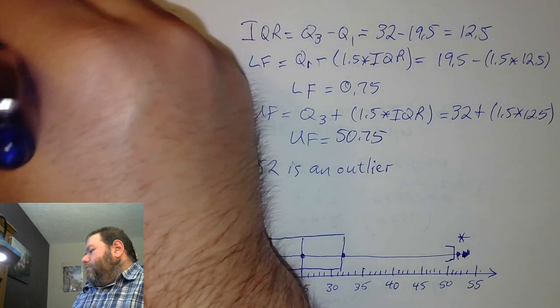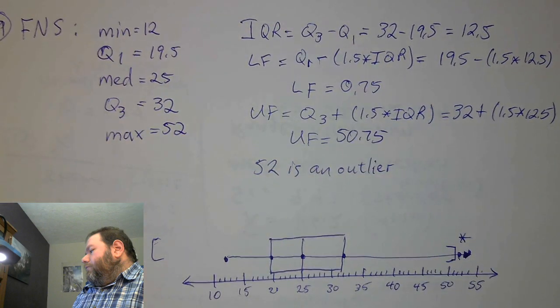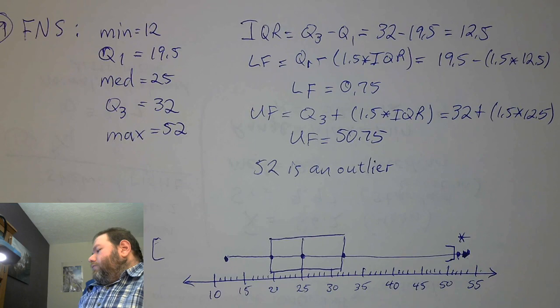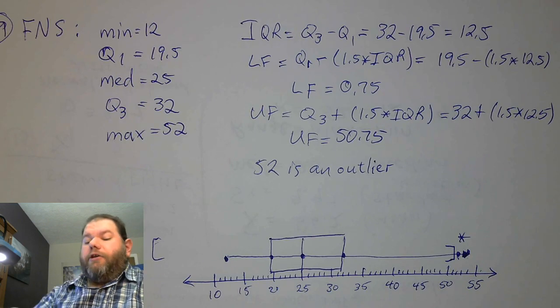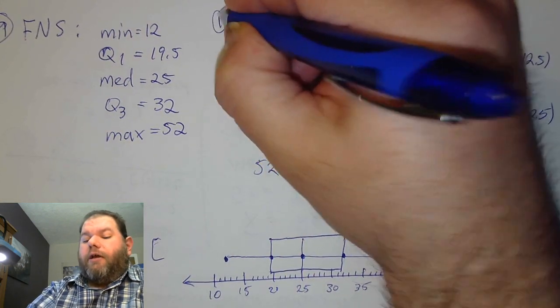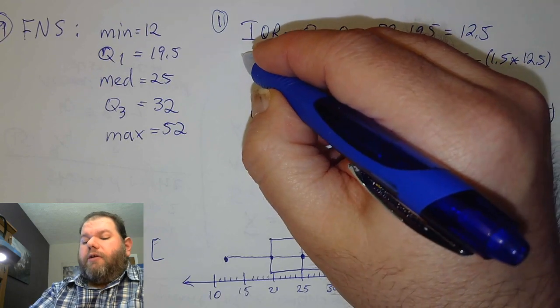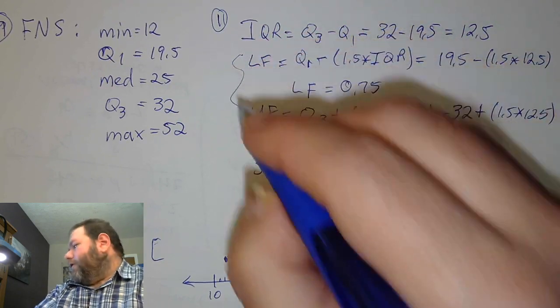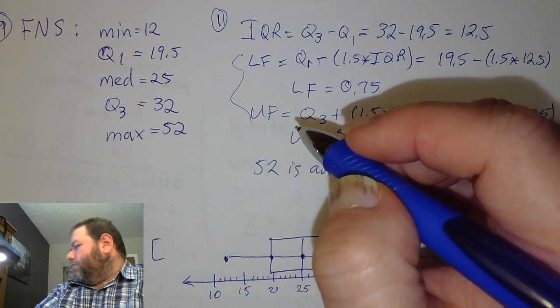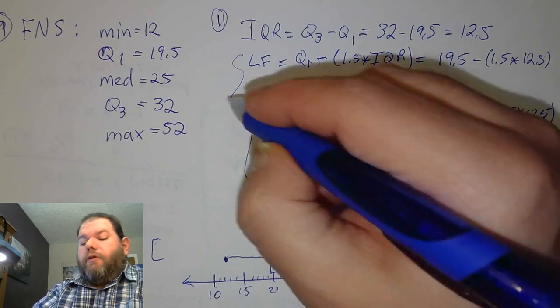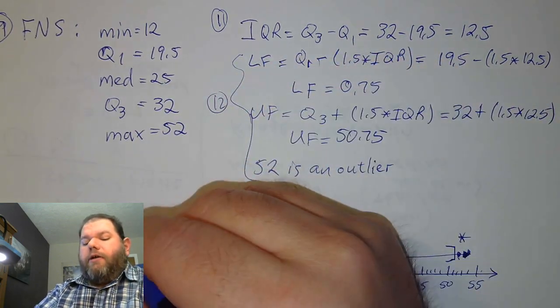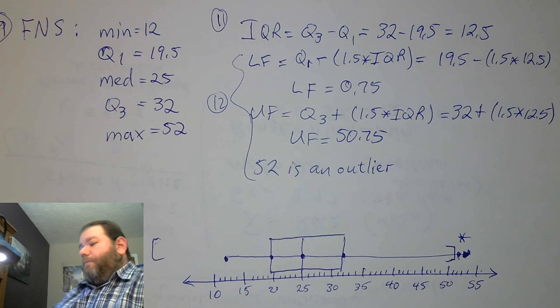So this is actually problem 9 right there. The IQR is actually part of number 11, and then the fences and the outlier, this is all part of number 12, and then this is 13 right there.